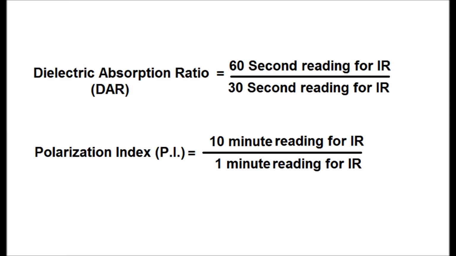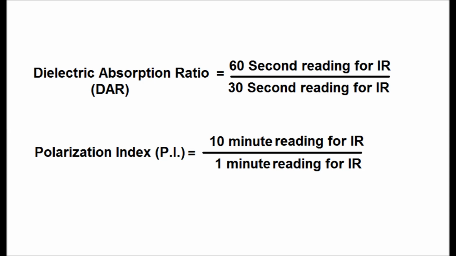There are two important parameters related to the insulation resistance test of the transformer. One is DAR, the dielectric absorption ratio. It is the ratio of the insulation resistance measured at 60 seconds to the insulation resistance reading measured at 30 seconds.